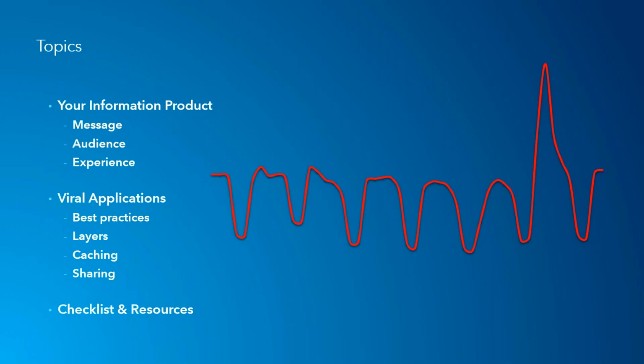Since you're not managing the infrastructure, but you are managing those maps and apps, there's a lot you can do to make sure that when that spike happens, and it will, you can be ready, your applications will continue to perform, and you continue to meet the needs people have. Finally, we're going to wrap up with a checklist and resources. Really important stuff, to give you some real things to walk away with today to make sure your information products are ready to go.